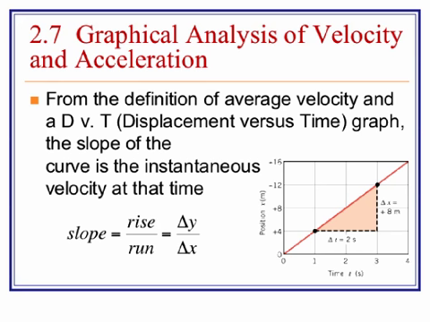Remember, slope is rise over run, or change in y over change in x. In this case, it's our change in position over change in time. That's the exact same thing as velocity. So the slope on a position versus time graph gives us the velocity.